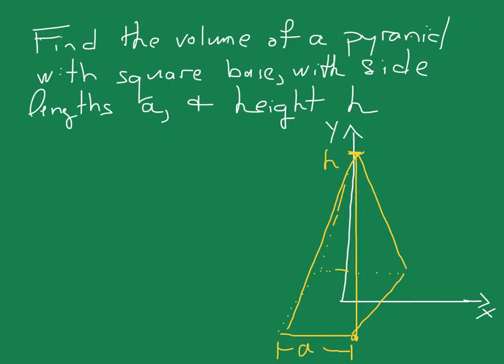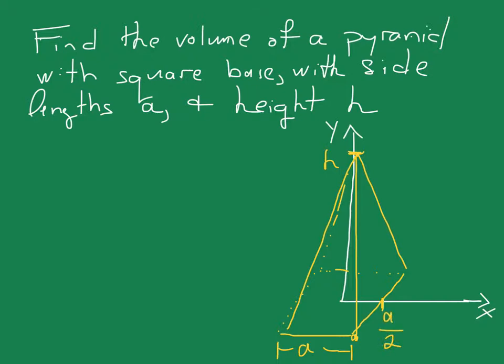Okay, so that means on the y-axis, this point here is h, and if the side length here is supposed to be a, then the distance from here to here is a, and that makes this point here on the x-axis a over 2. So just write that on. So this is the point a over 2.